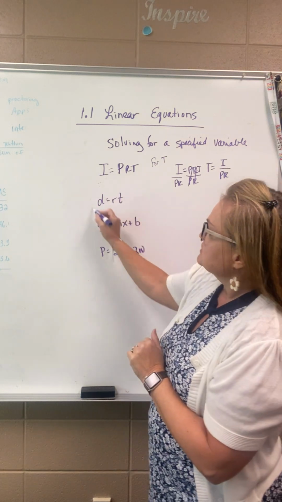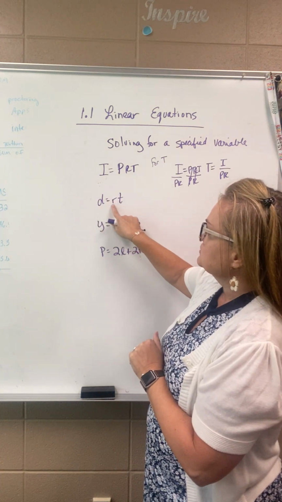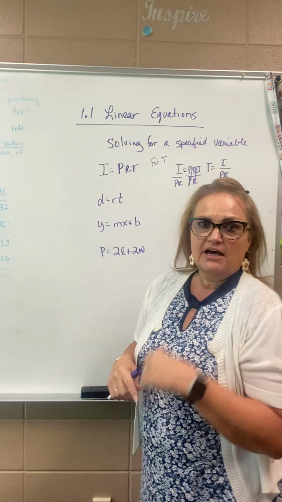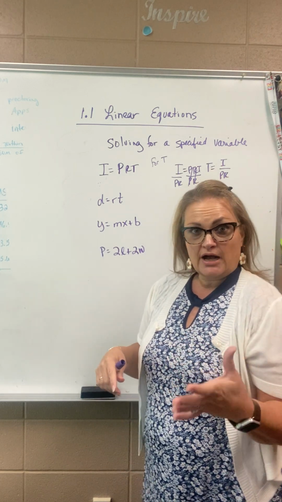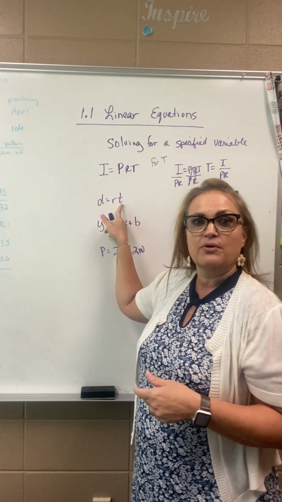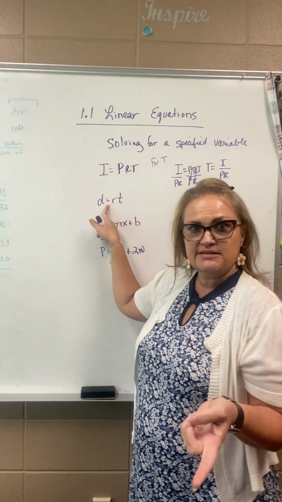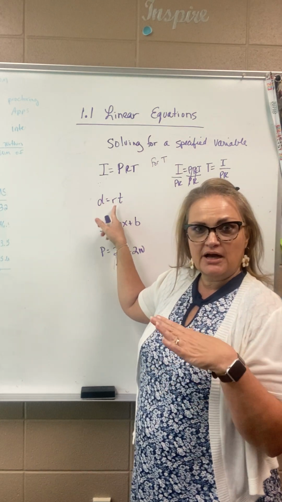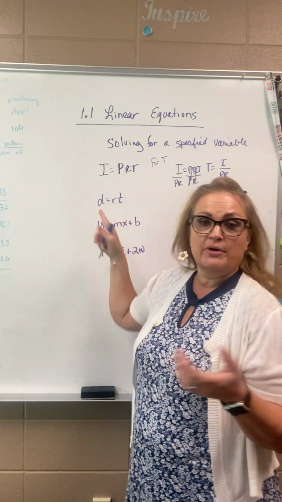Another formula is the distance formula. Distance is rate times time. The distance that you drive, for example, in a car would be how fast you're going times how long you go. So say it's 60 miles an hour for 2 hours, you'd multiply 60 times 2, and you'd go 120 miles.